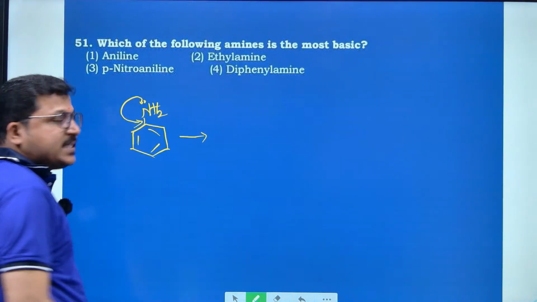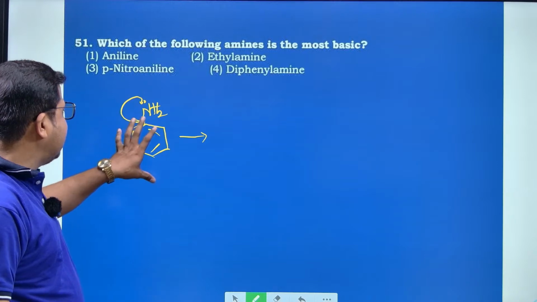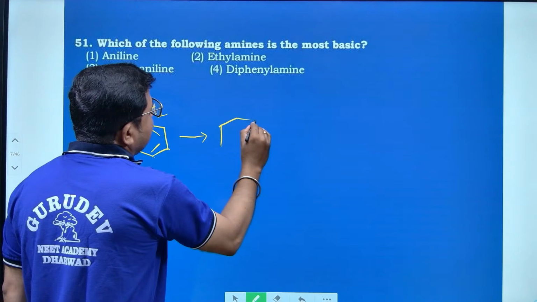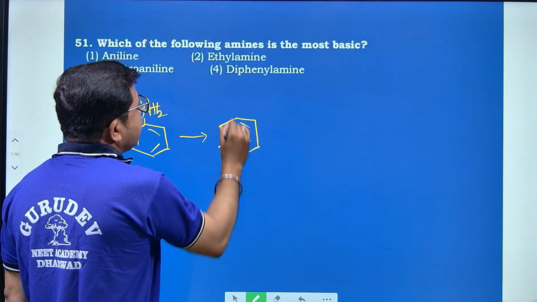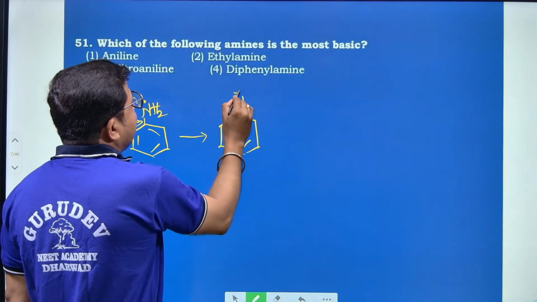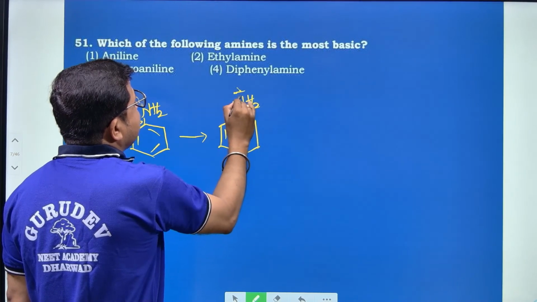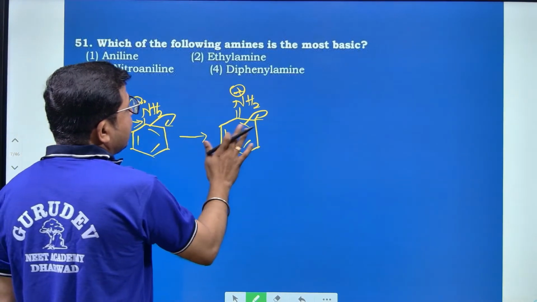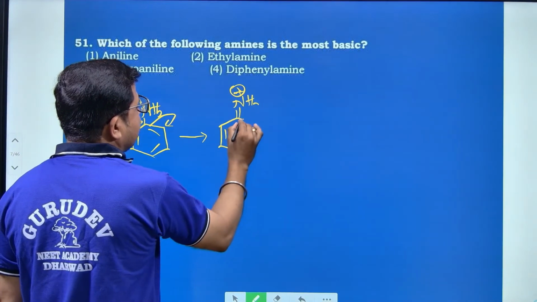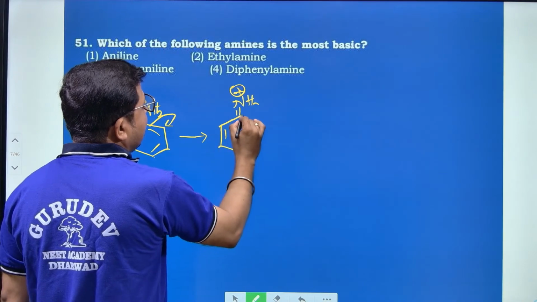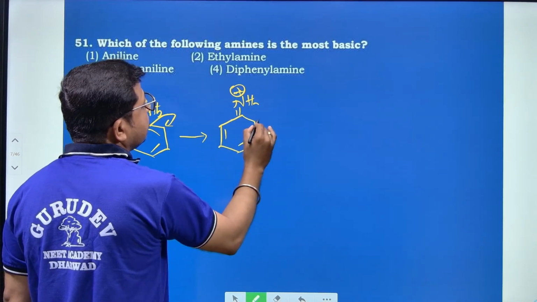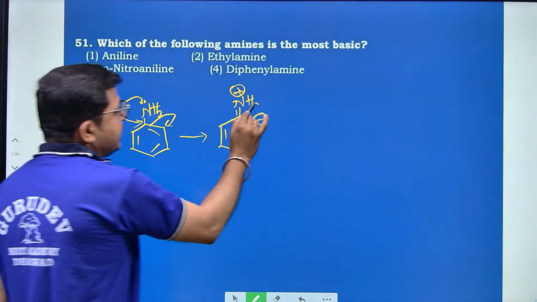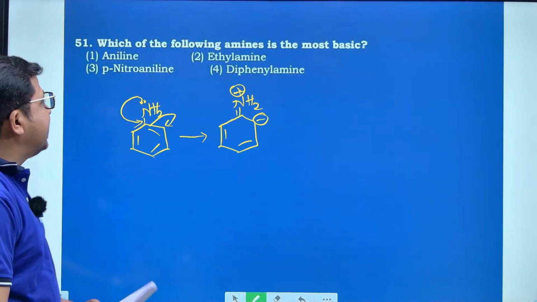The NH2 group present on the aromatic ring donates a lone pair of electrons towards the ring and helps in the delocalization of electrons. Hence, this is only slightly basic.